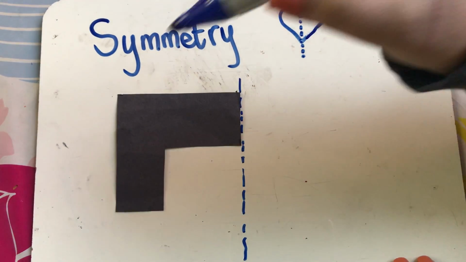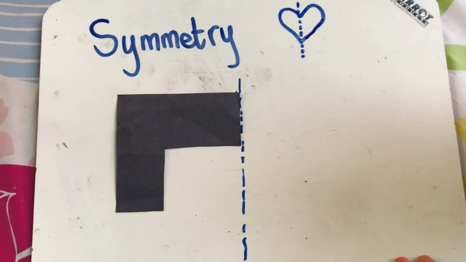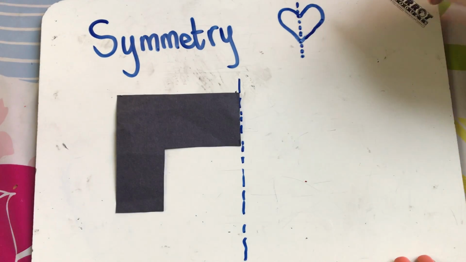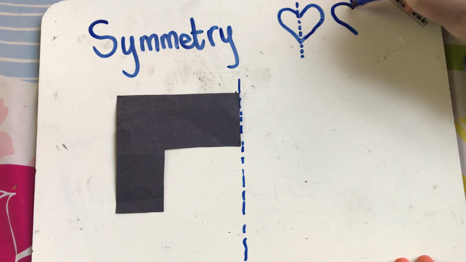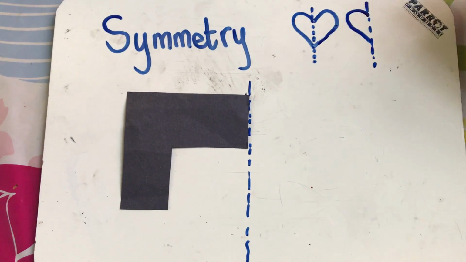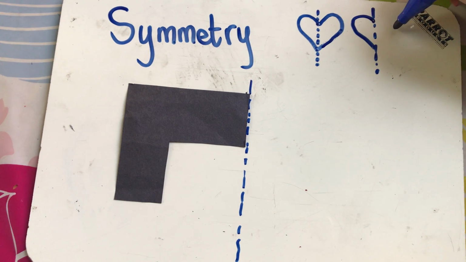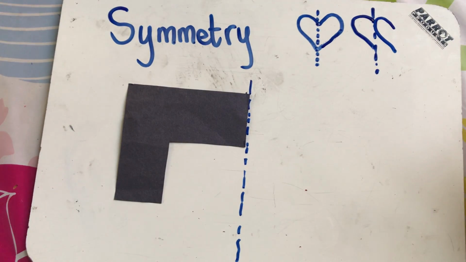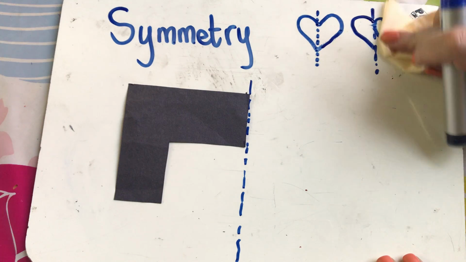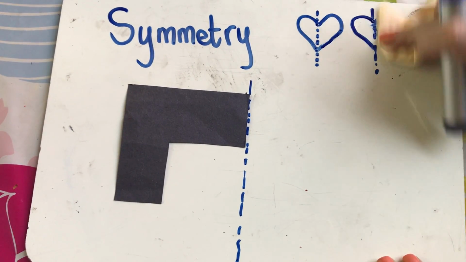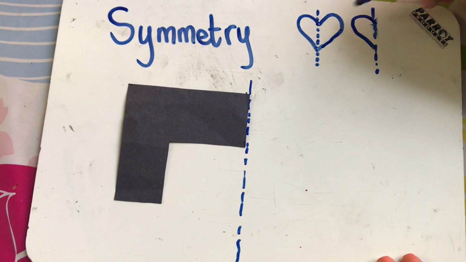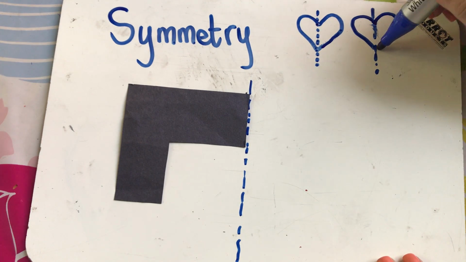This side must look exactly like that side, but as if you are looking in a mirror. For example, with this heart, if I gave you that and I said draw this shape so that the line of symmetry is running through the middle, you would not draw this for me again, okay? Because that does not make it symmetrical, that doesn't even make it a shape. You are going to draw exactly the way that this side is, but on the other side.